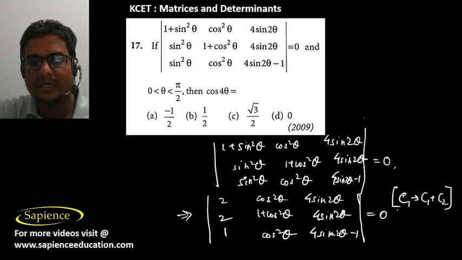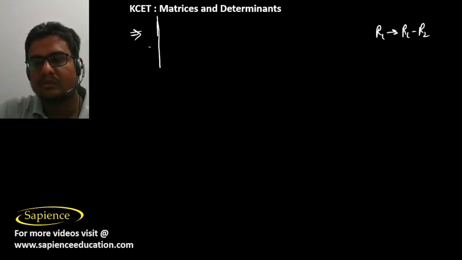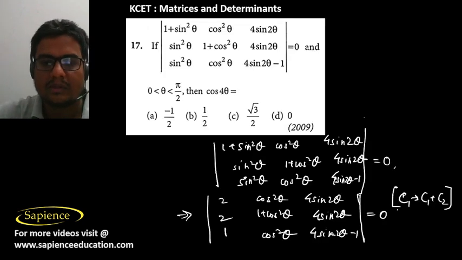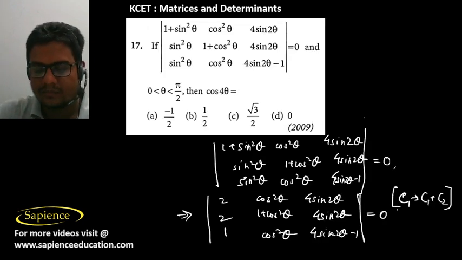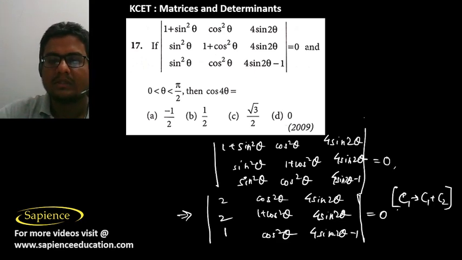Now here we can apply the row operation R1 goes to R1 minus R2. So we will have the determinant of 2 minus 2, that will be 0, and this minus this, so this will become minus 1, and these two will get cancelled.